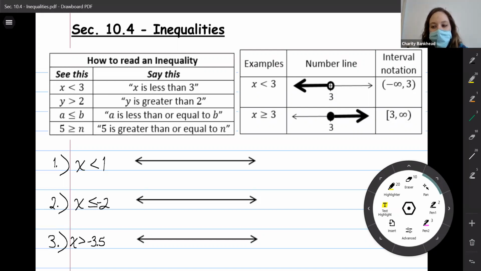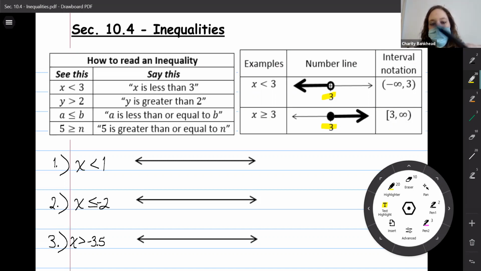When we want to plot our inequality on a number line, the first thing I would do is mark the important number on the number line. For those examples up here, that would just be 3. You don't have to label every number from -10 to +10 or anything like that. Whatever number is in that problem, you put it on the number line.